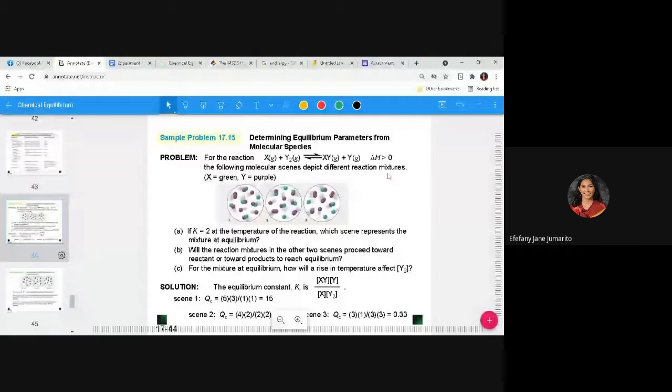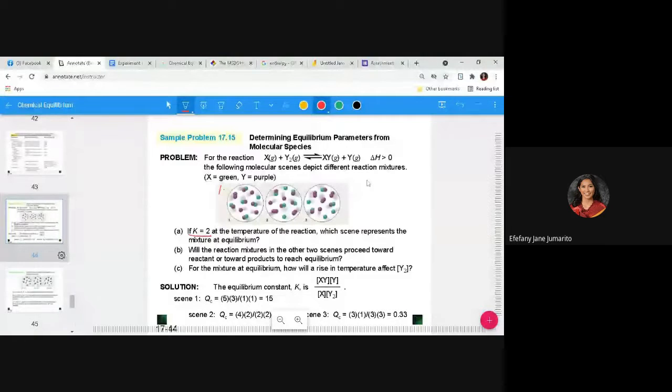If K is equal to 2 at the temperature of the reaction, which scene will represent the mixture at equilibrium? Let's answer picture 1.